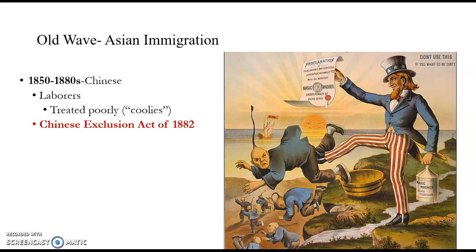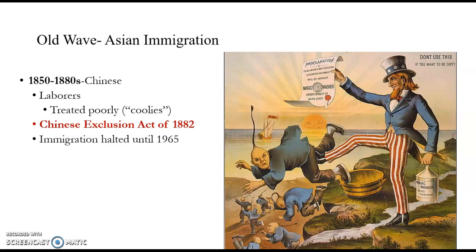And this act really led to the creation of Chinatowns, because Chinese immigrants and Chinese Americans were not able to buy and own property in other parts of the city, in other parts of the area. So they were confined to the neighborhoods where they originally established their community, and then immigration was shut down. So Chinese immigrants were no longer able to enter the United States.